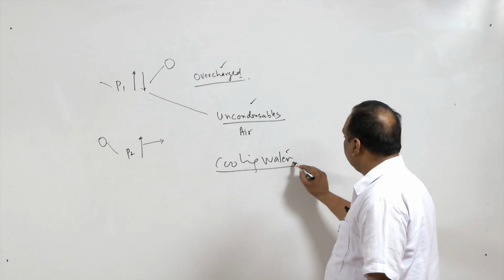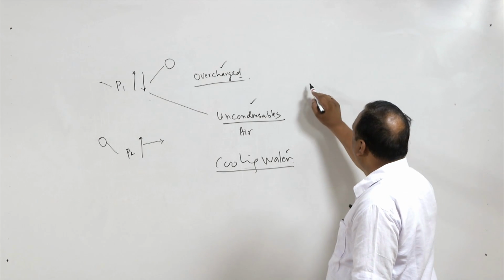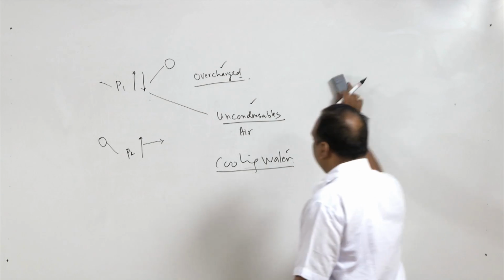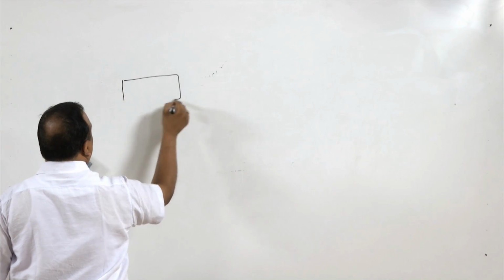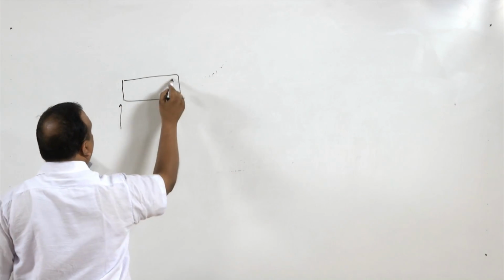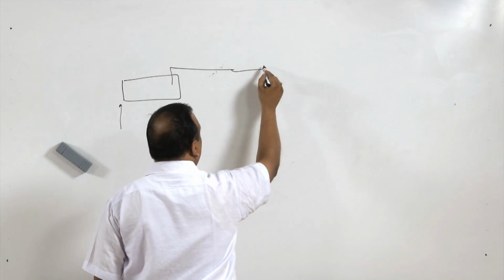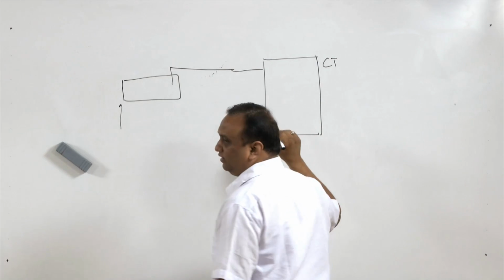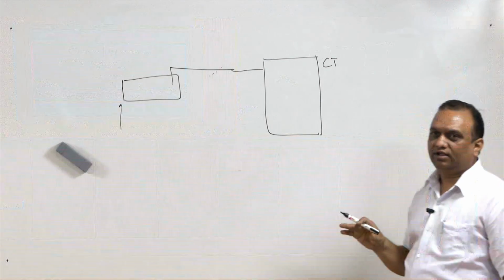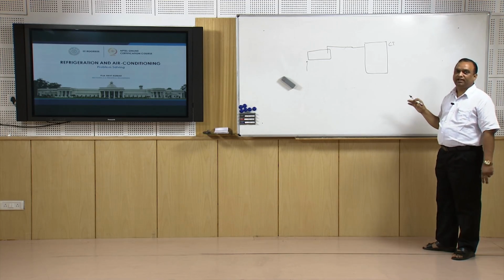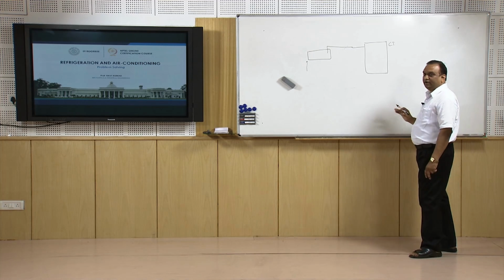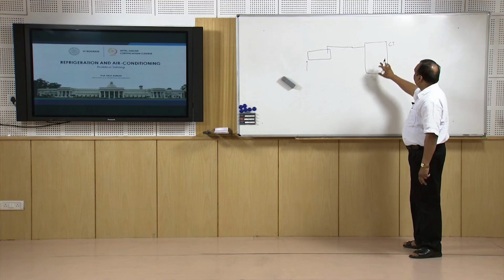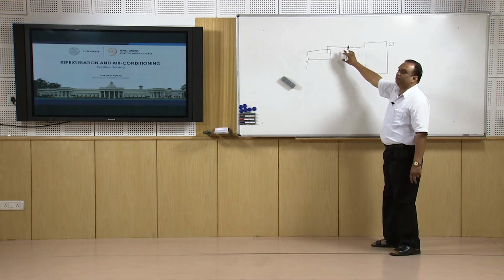In a water cooled condenser, after picking up heat in the condenser, the water goes to the cooling tower. You must have seen cooling towers outside hotels and buildings that are centrally air conditioned. This cooling tower is used for cooling the cooling water.